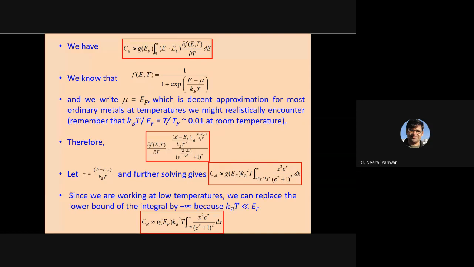So we can replace the lower limit by minus infinity. So now the integral can be written as G at EF kB square T integral from minus infinity to plus infinity x square e to the power x divided by e to the power x plus 1 to the whole square dx.